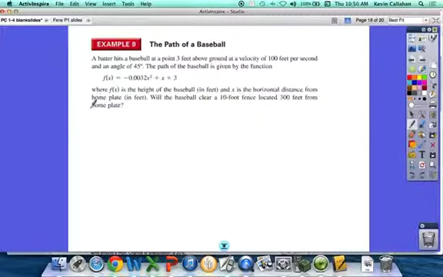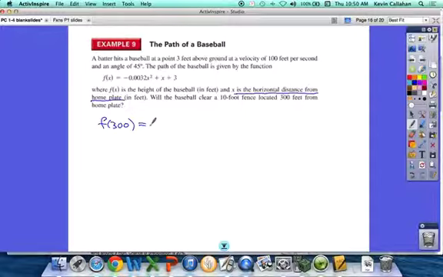Okay, what are they asking you to do? They want to know the height at the fence, 300 feet from home plate. What does 300 represent in this function? X is the horizontal distance from home plate, so that 300 is the x value. They're asking you to do f of 300.